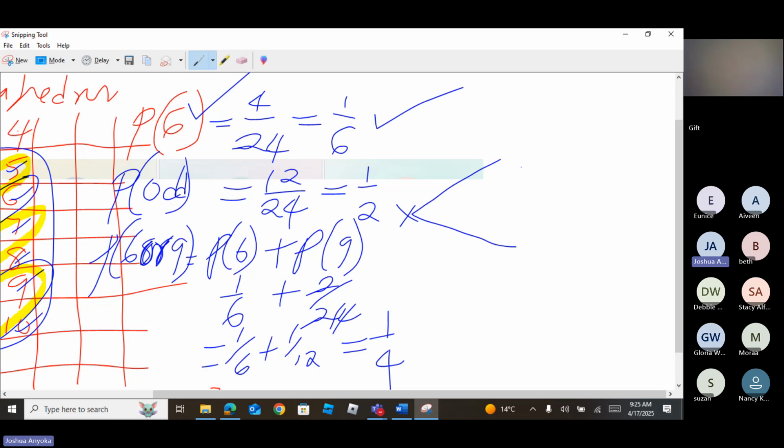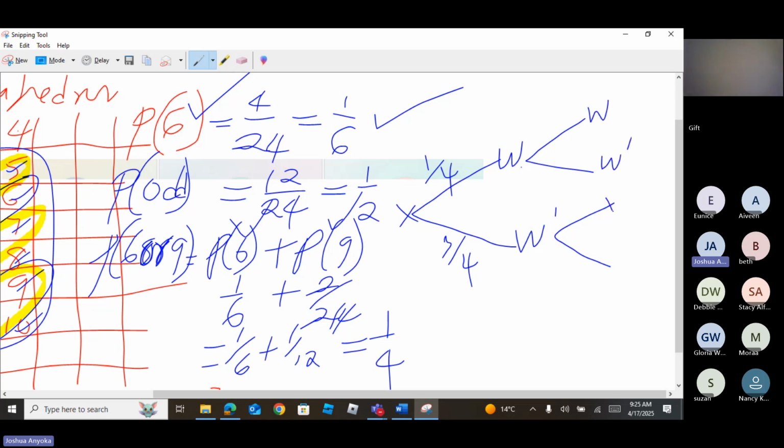So the probability that you will win is either you get a sum of 6 or a sum of 9. Sindio? So there is winning and there is losing that game. For the first throw, winning is 1 over 4 and losing is 3 over 4. Then we go to the second throw. After throwing for the second time, we also win or lose.